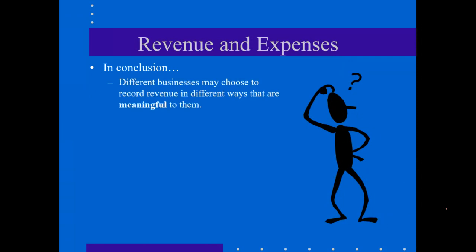So in conclusion, we said that different businesses may choose to record revenue in different ways that are meaningful to them. And businesses may not always agree on which expenses are variable or fixed.